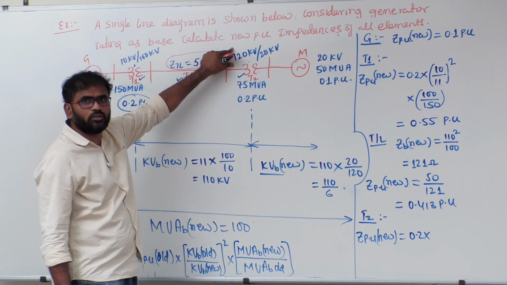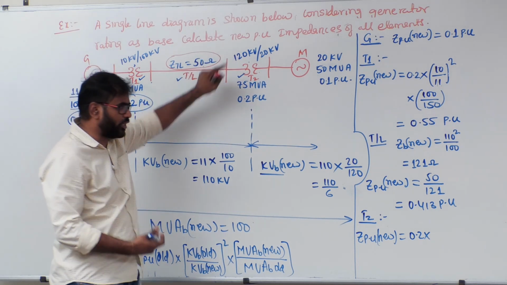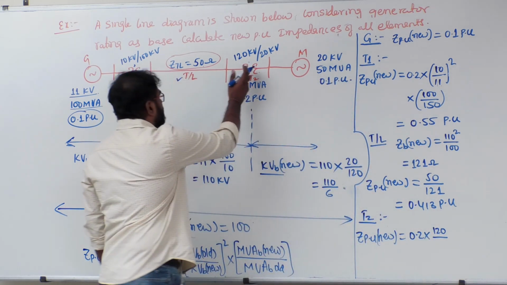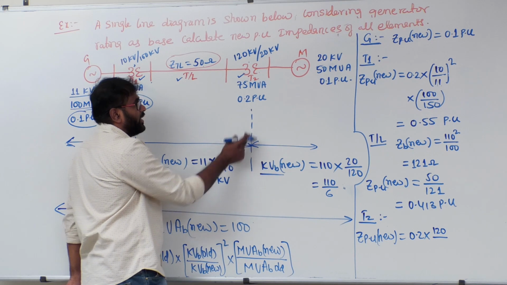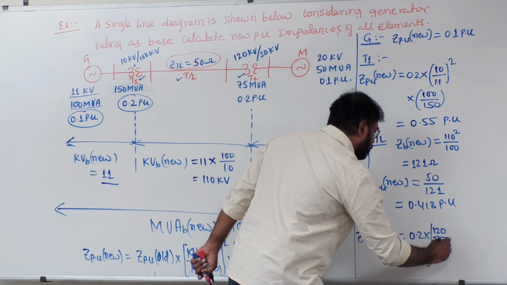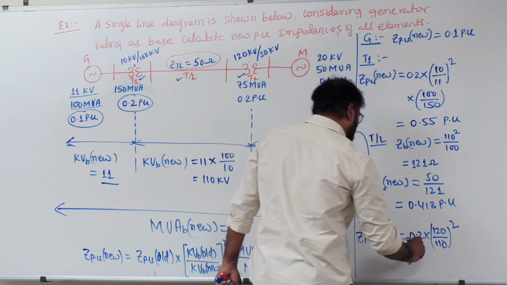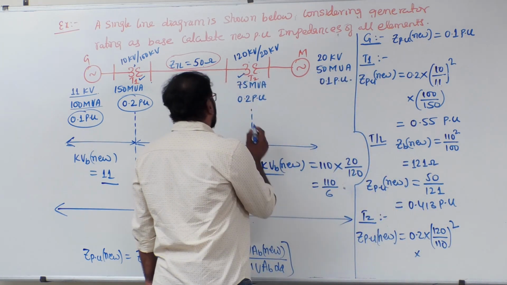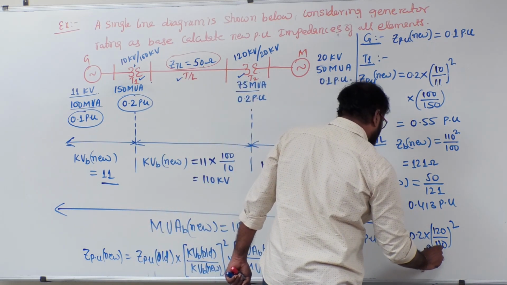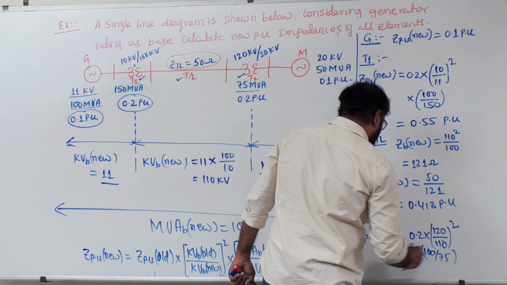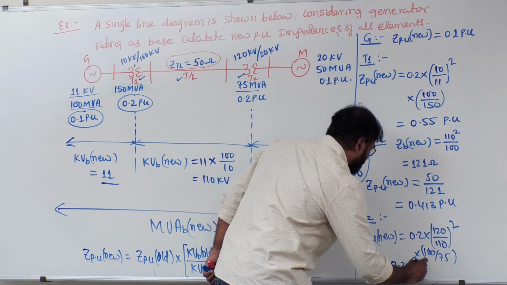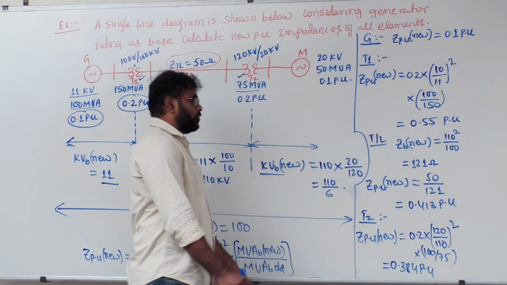The KVB old, the HV side rating, is 120. KVB new, HV side, till here is 110. So 120 by 110 whole square multiplied with MVAB new by MVAB old. MVAB old is 75, MVAB new is 100. So 100 by 75. If I solve this, we get 0.384 per unit. That is for transformer 2.